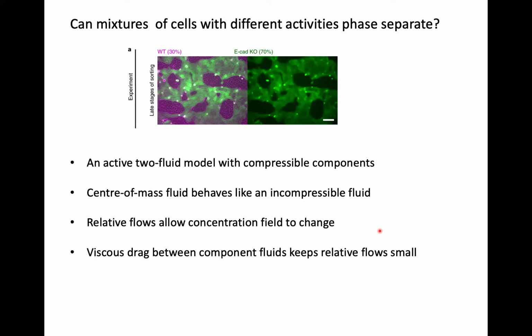Whereas the whole thing, the center of mass fluid, can just be a normal incompressible fluid. And the two fluids have to have relative flows, which allow the concentration field to change. The A and B components, if you like, active and passive components have to move relative to each other. And then we also put a viscous drag between the components just to keep the relative flows relatively small.